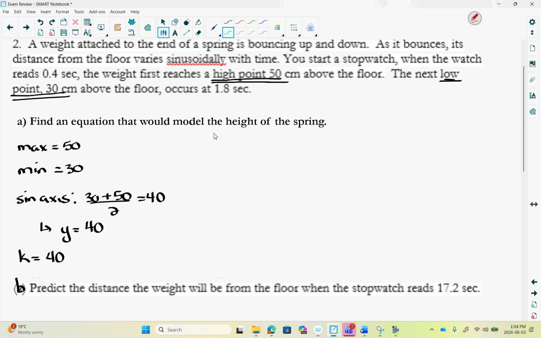Because I'm trying to come up with the equation, my equation would have to go in this. So it'll either say sine or cosine. So I know the k value is 40. Anyone know what the amplitude would be?